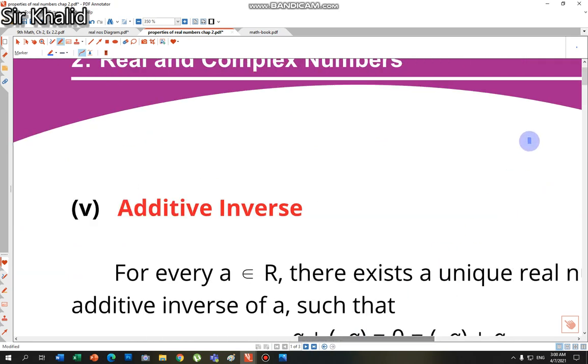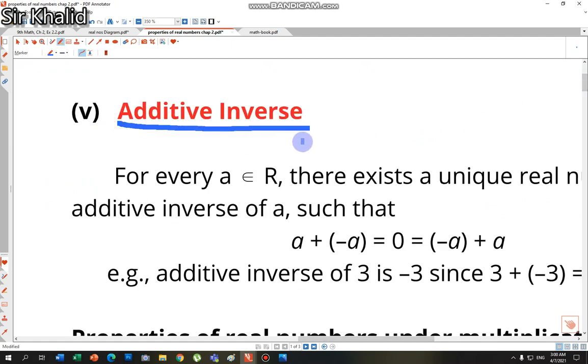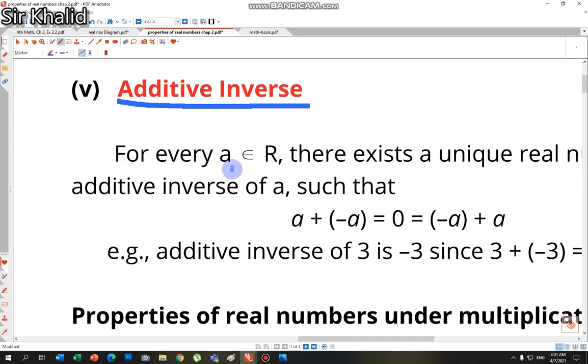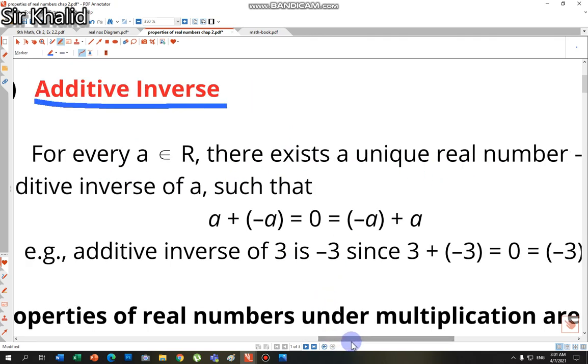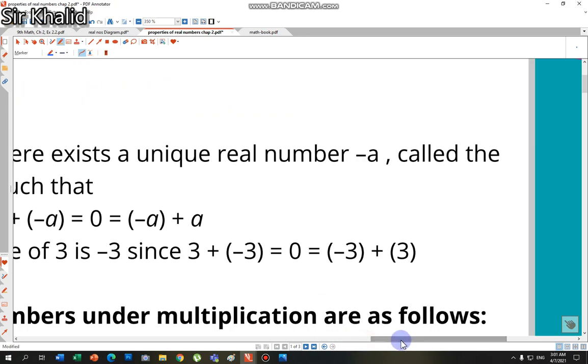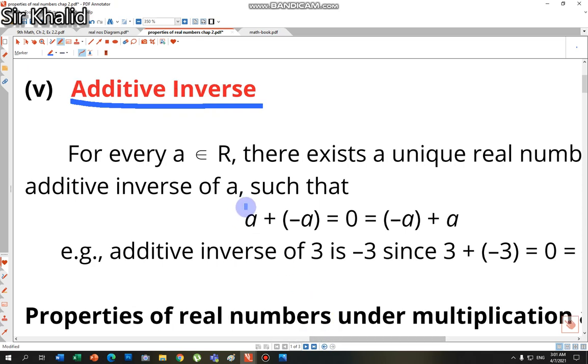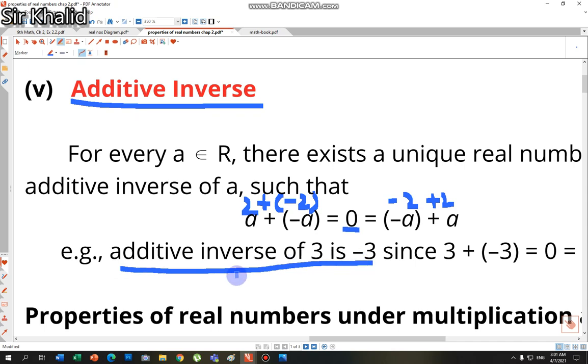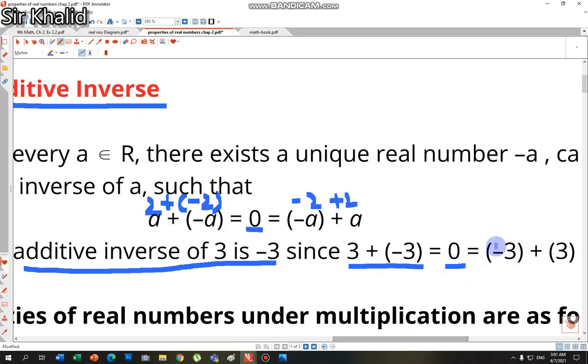The fifth property is the additive inverse. For every a belonging to R, there exists a unique real number called the additive inverse of a, such that if I add minus 2 and plus 2, it will give you this identity 0. So the additive inverse of 3 is minus 3, since 3 plus minus 3 is equal to 0, or minus 3 plus 3 is again equal to 0.